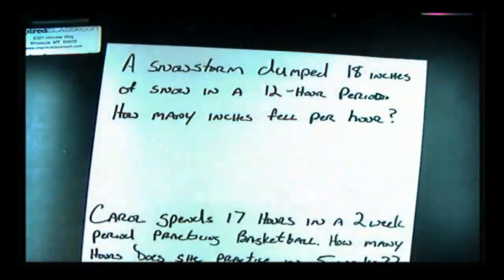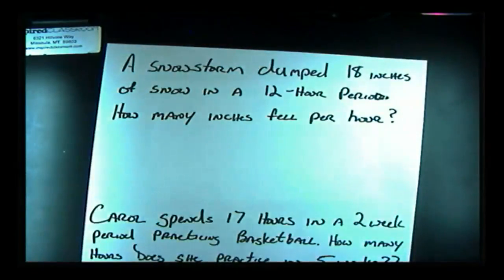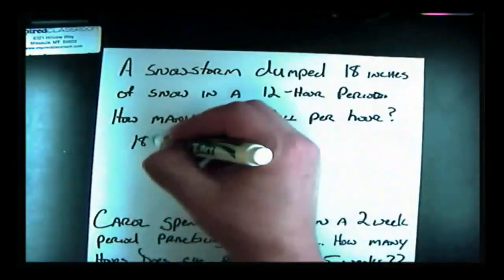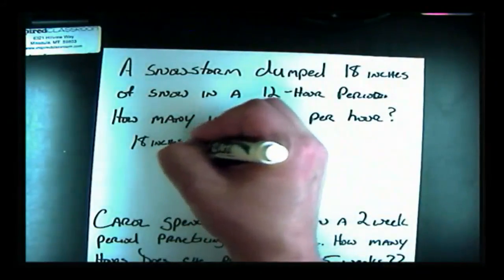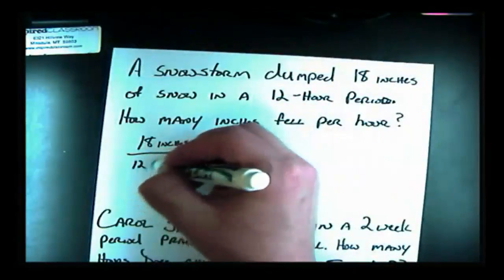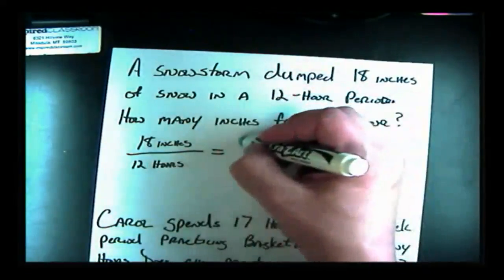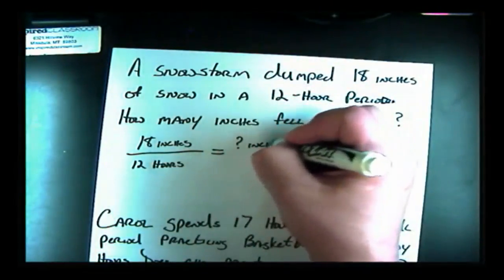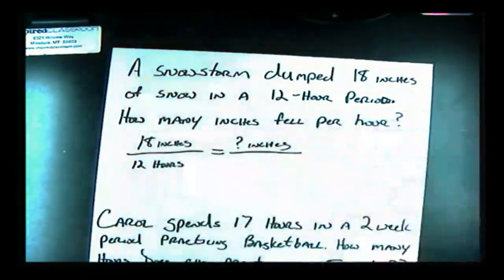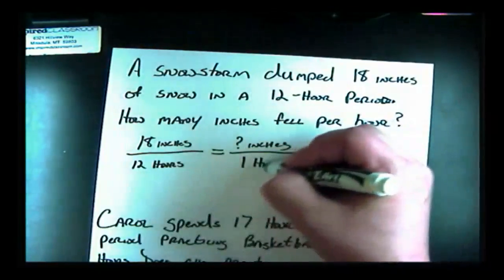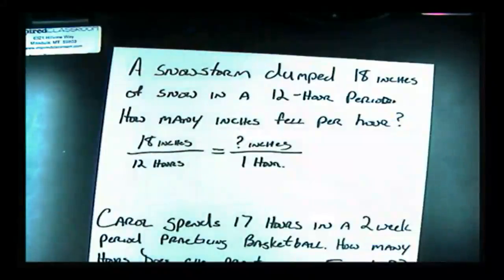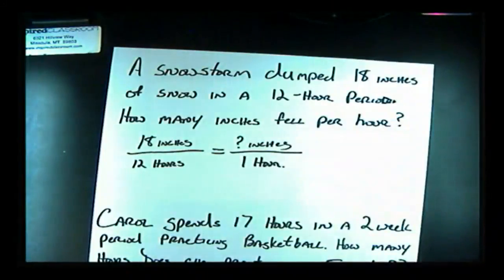So how many inches fell per hour? Well, you could do 18 inches is to 12 hours as how many inches is to 1 hour. So that's our proportion set up.